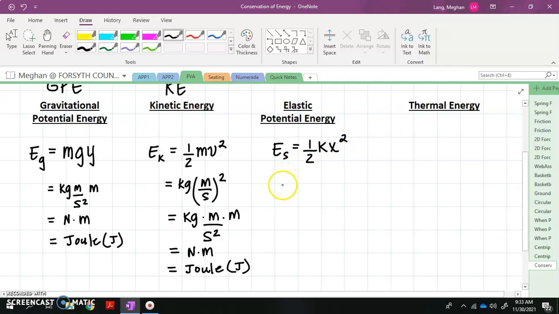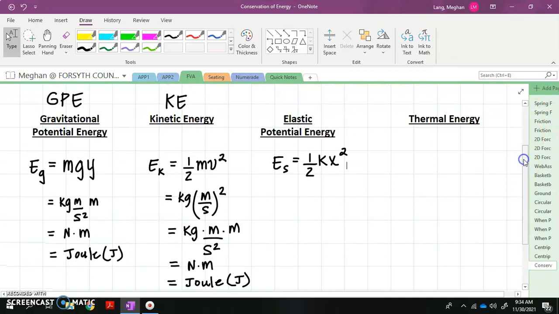We will do a deeper dive derivation of this equation next week using a graph. But for now, remember the equation for the force from a spring, which is what's giving it the potential to move: force from a spring is equal to K delta X, where K is the spring constant or the elasticity of the spring, and X is how much you stretched or compressed it.